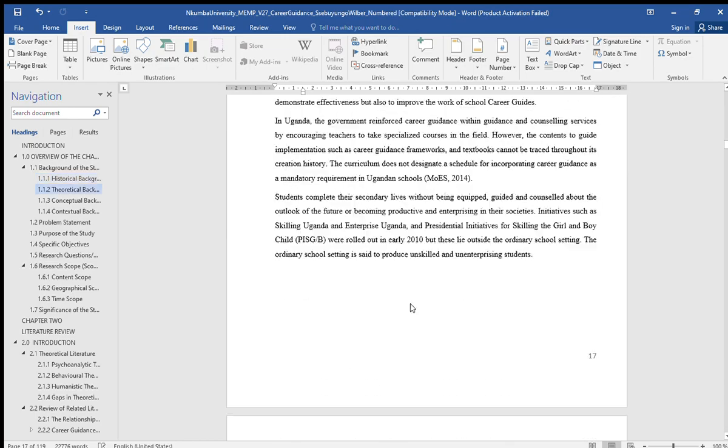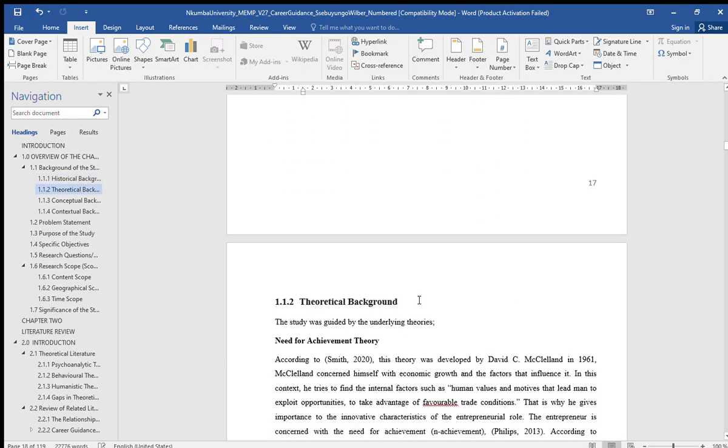Okay, then now we have looked at the historical background. The summary of it is that in the historical background we include the history of the problem or of the independent variable. For this case, it was career guidance. But someone who is doing management practices has to state which practices, or if you are talking about a bureaucratic system, you've got to talk about the history of bureaucracy.